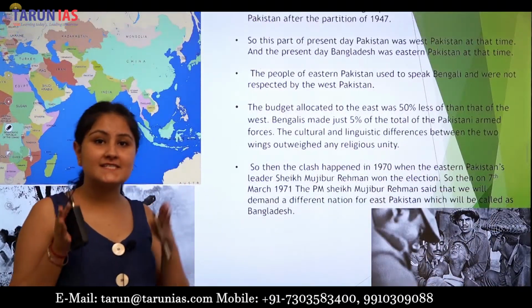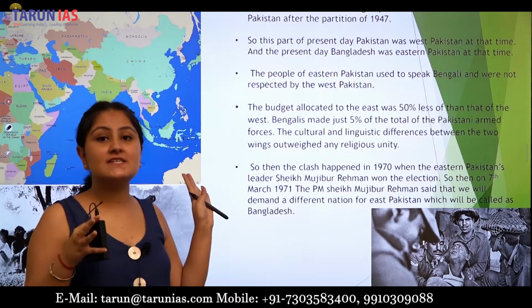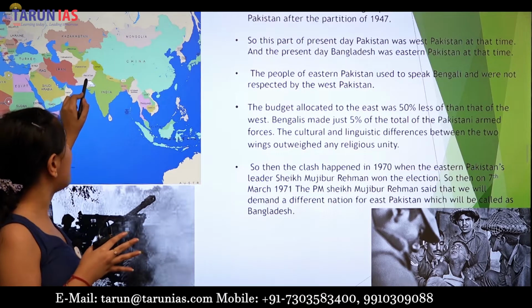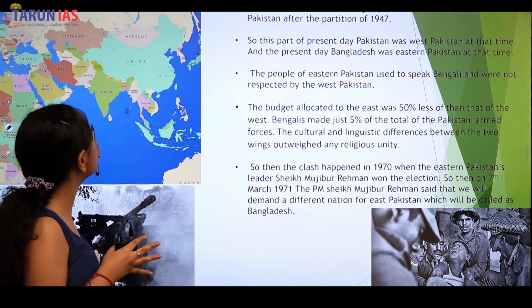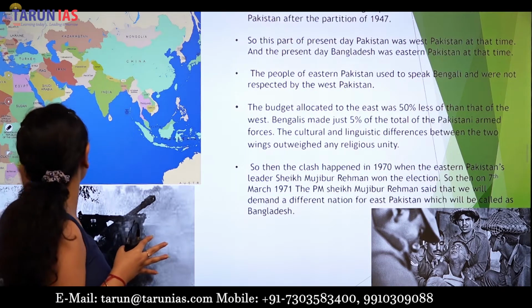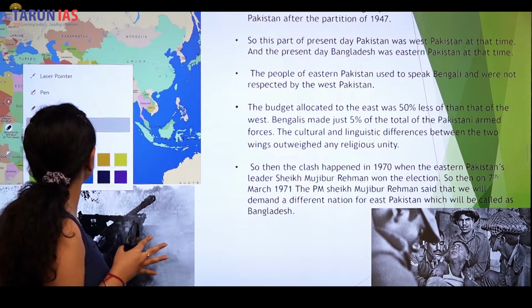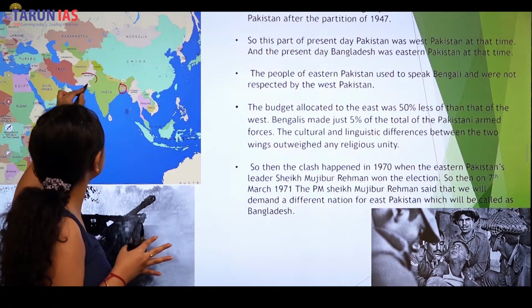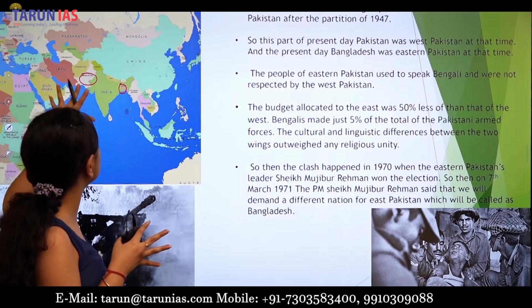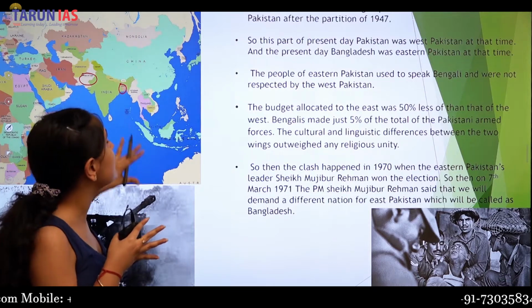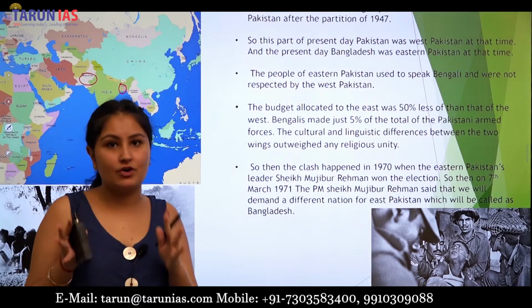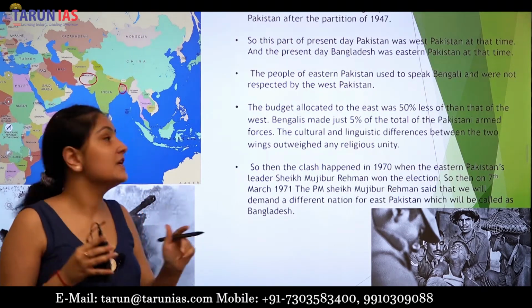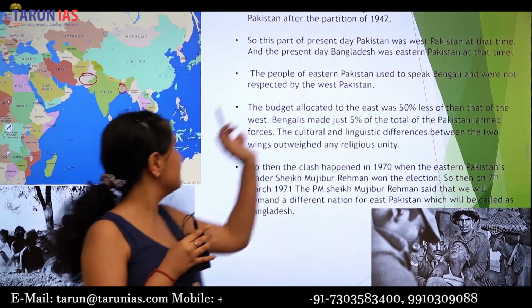First of all, we'll discuss it with the help of this map. Here we can see that this is India, this is Pakistan, and this small area is called Bangladesh. After the independence of 1947, Pakistan was divided into two groups: Eastern Pakistan and Western Pakistan.